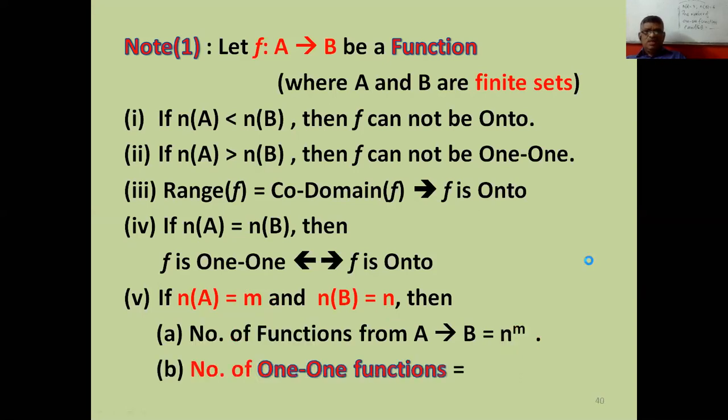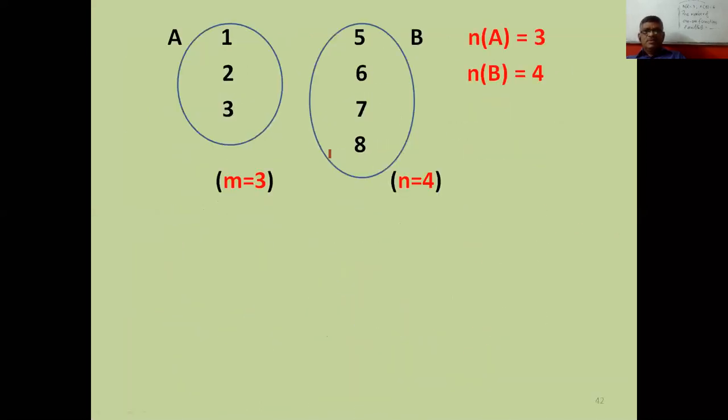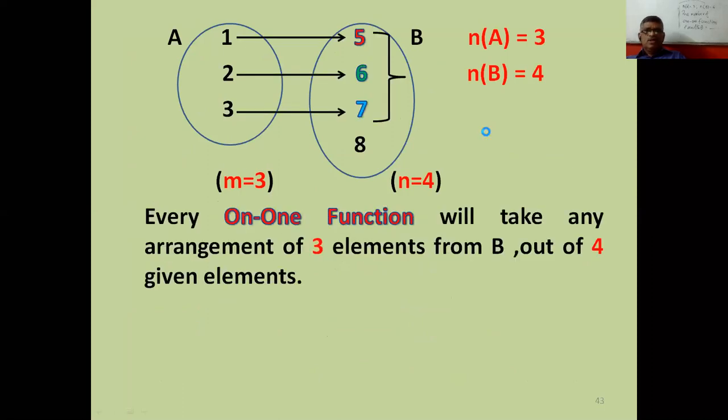Now you answer: how many one-to-one functions, provided m is smaller? You answered today: nPm. You can see how it comes. If you want a one-to-one function, you select any 3 elements out of 4 and arrange them. Not only selection: 5, 6, 7 versus 6, 5, 7 gives another function.